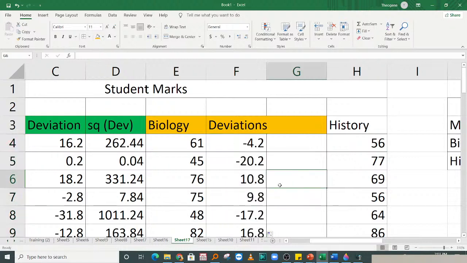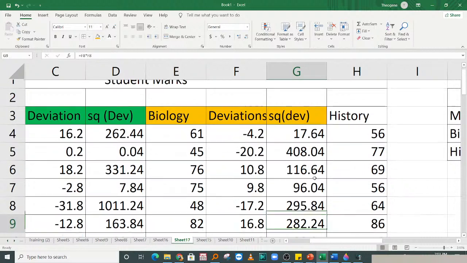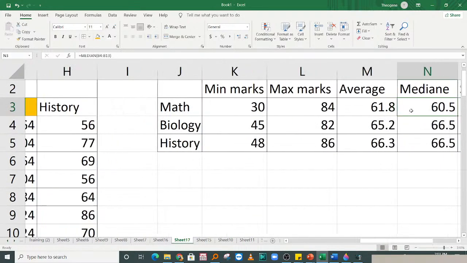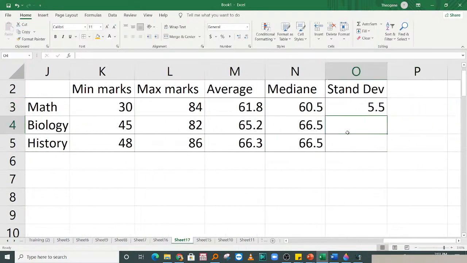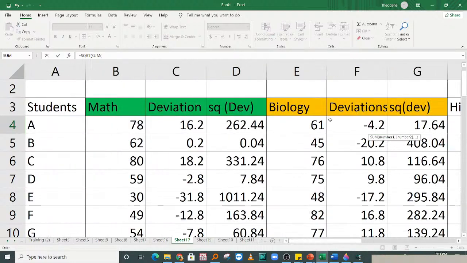So then after this I square the deviations. Square the deviations to remove the negative number, times itself. We have this. After squaring the deviations, I go to find the standard deviation. Standard deviation of biology is equal to the square root of the sum of the squared numbers here.